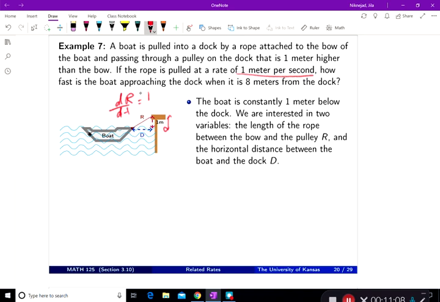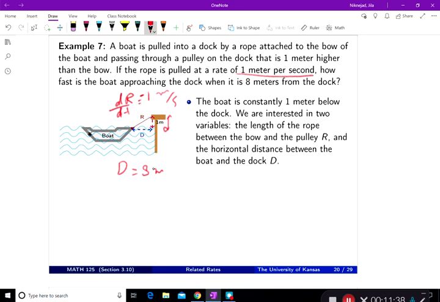We just saw that it's decreasing, so it's -1 meter per second. And then we want to know how fast the boat is approaching the dock when it's 8 meters from the dock. So I know that at the instant d is equal to 8 meters. And so that's all the information that I have.